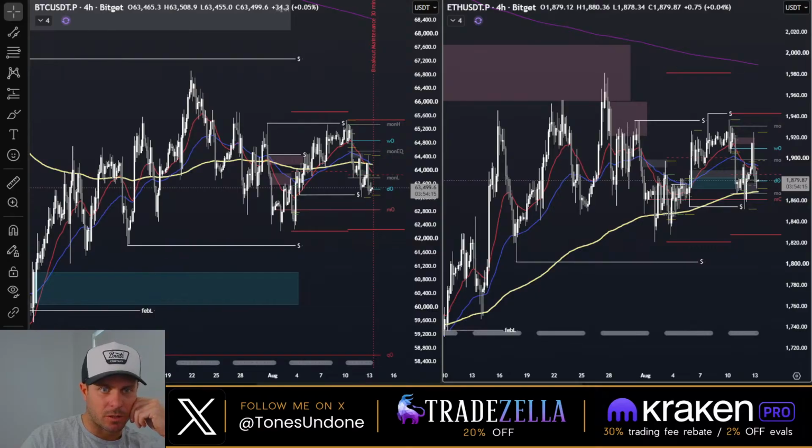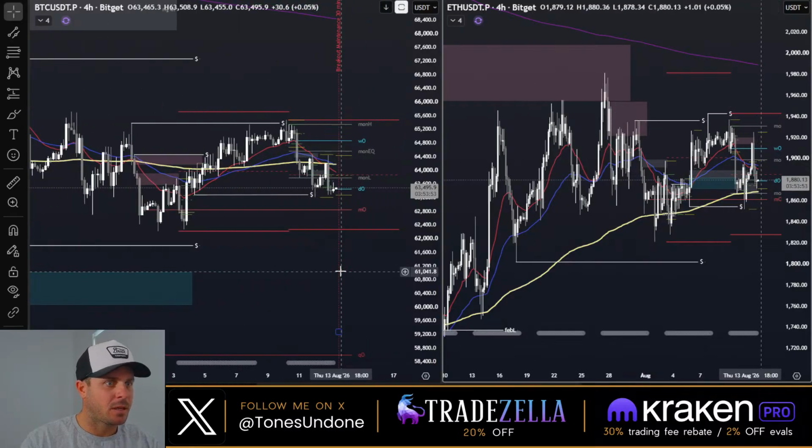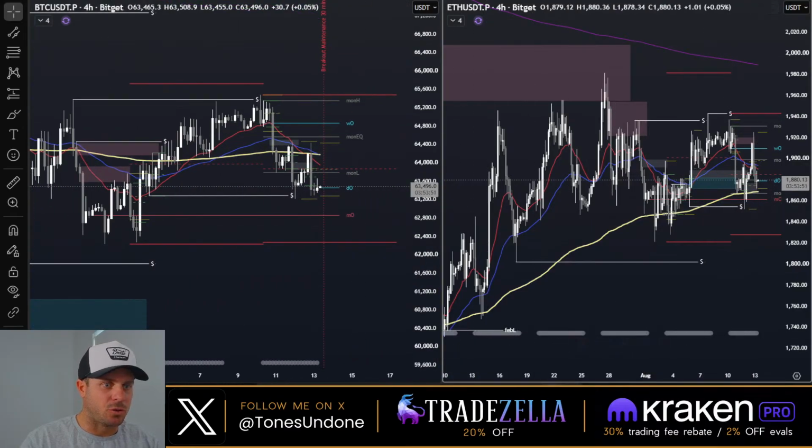Let me grab my other drawing tool. When we had this round thing on both assets, I was expecting at some point maybe a retrace before going down. So this is what we got, a retest to go lower.